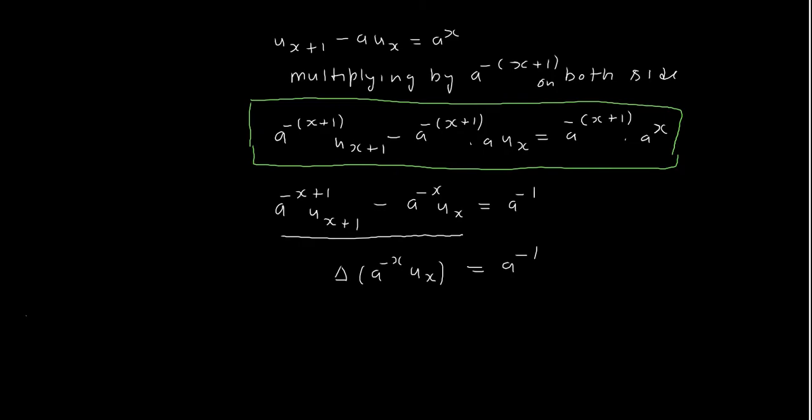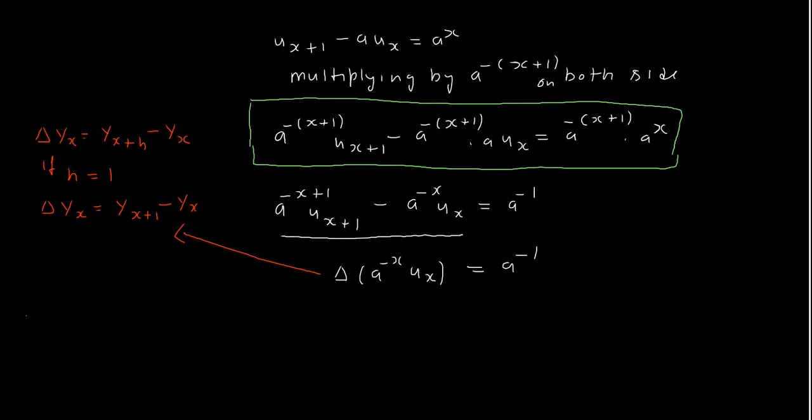Using the definition of a forward difference operator, delta y(x) equals y(x plus h) minus y(x). If h equals 1, then delta y(x) equals y(x plus 1) minus y(x).